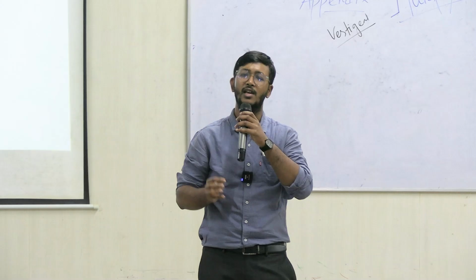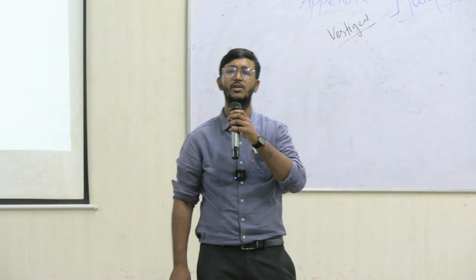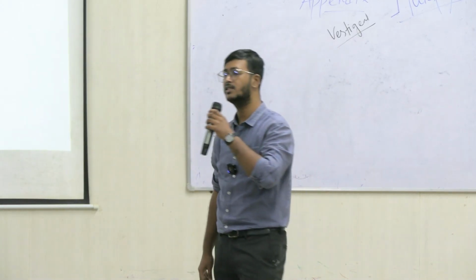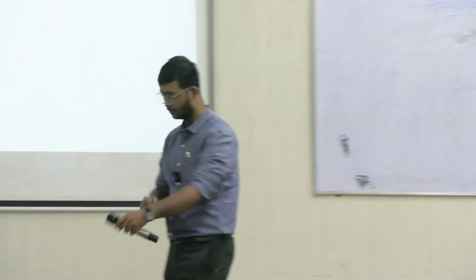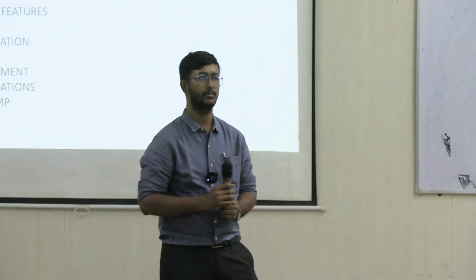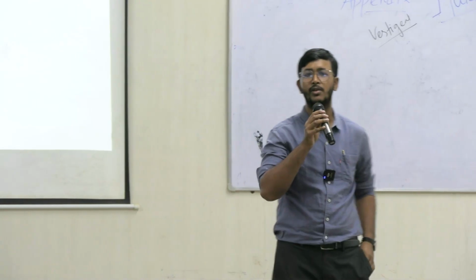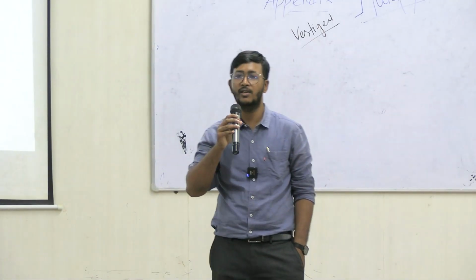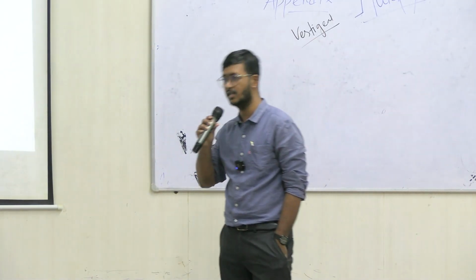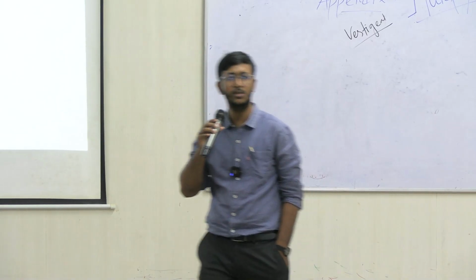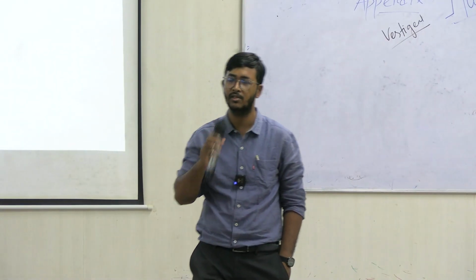And other than this, there is a fourth feature, that is anorexia. What is anorexia? Not being able to eat, or not feeling like eating. That is anorexia. Can you tell me any other situation where anorexia is present?